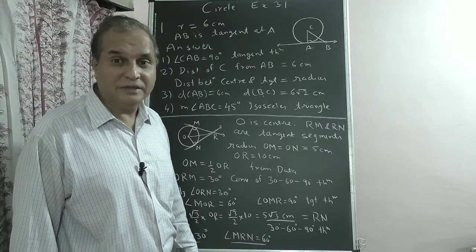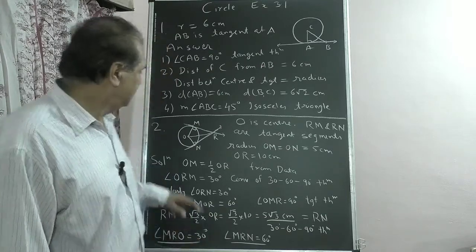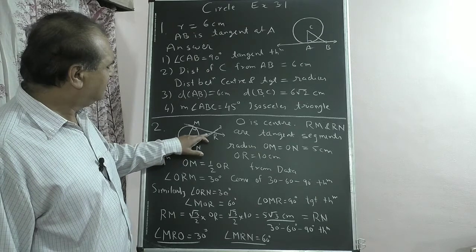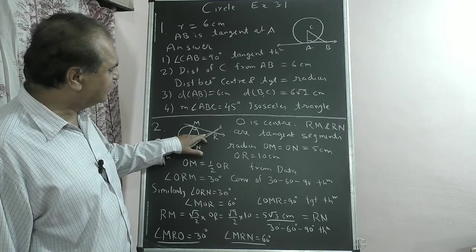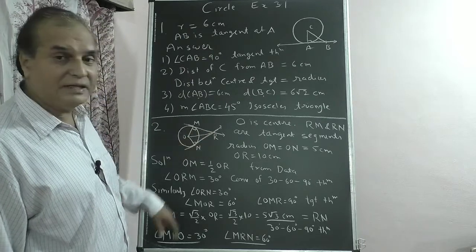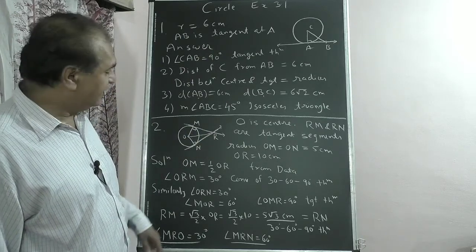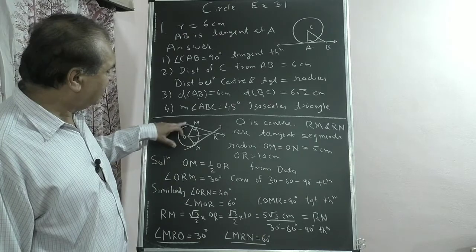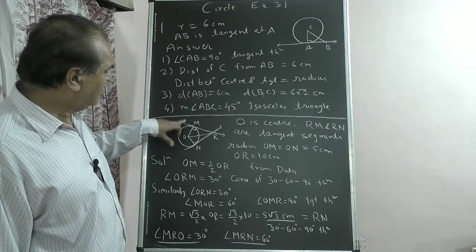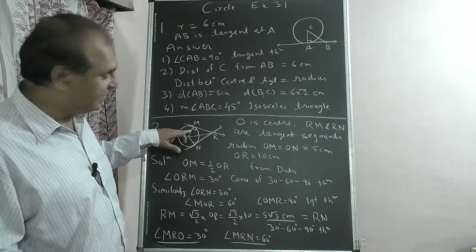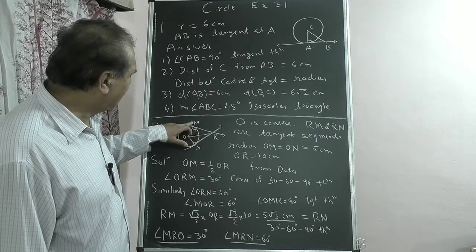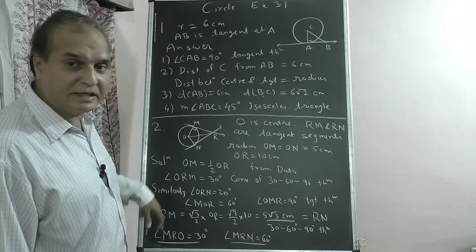By the converse of the 30, 60, 90 theorem, if this angle is 30, this is 5, this is 10, so this is also a right angle triangle. This is 30, so total angle 30 plus 30, angle MRN is 60 degree, right? In triangle OMR, angle OMR is 90 degree by the tangent theorem, angle ORM is 30 degree, therefore automatically angle ROM is 60 degree.